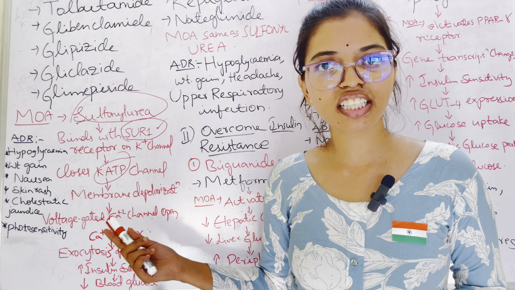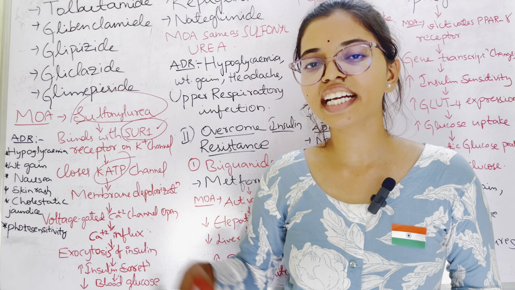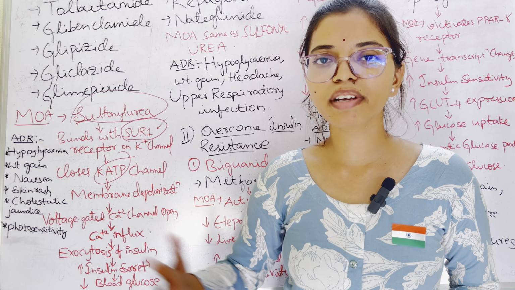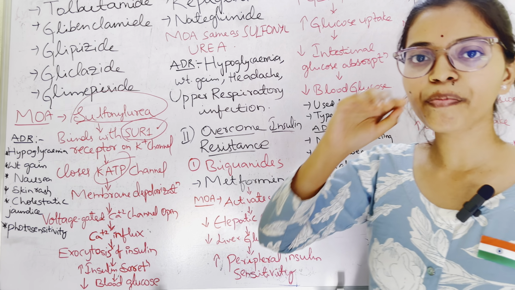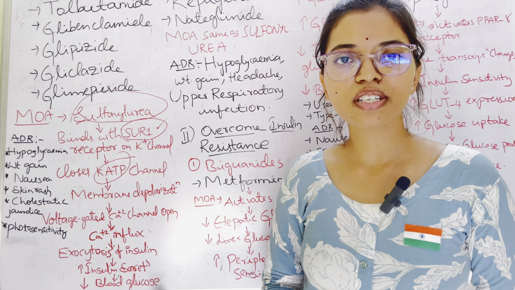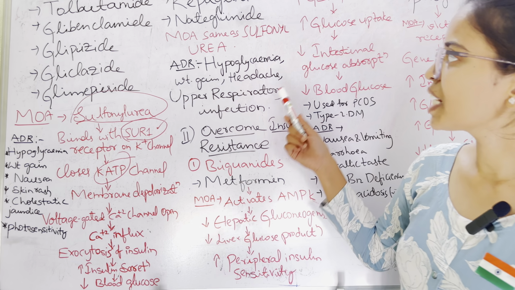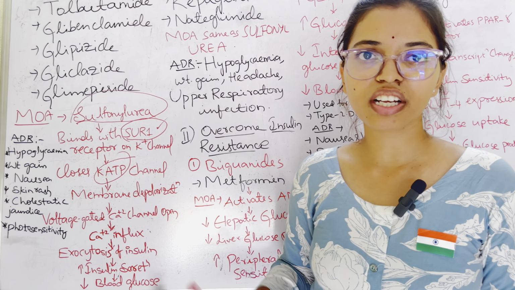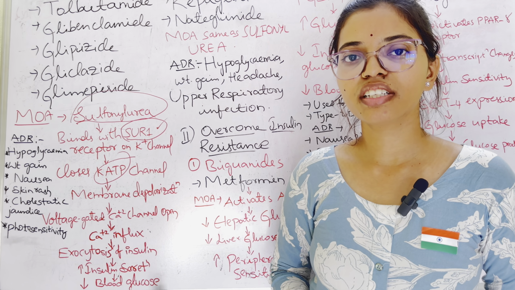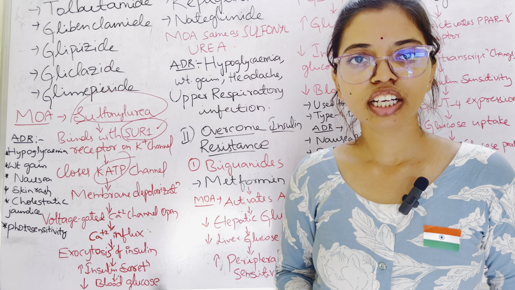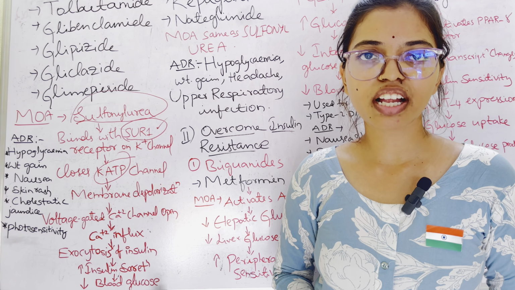That is, they maintain the fasting glucose levels and also the postprandial glucose level, that is the post-meal glucose level. But meglitinides only maintain the postprandial glucose levels. Meglitinides do not maintain the fasting glucose levels. They only maintain the post-meal glucose levels.